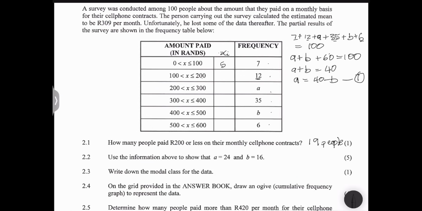So that would be 50 here, 150 there, 250, 350, 450, and 550. To get the mean, you take the sum of your frequency times your midpoint value, divided by the total number of your frequency.